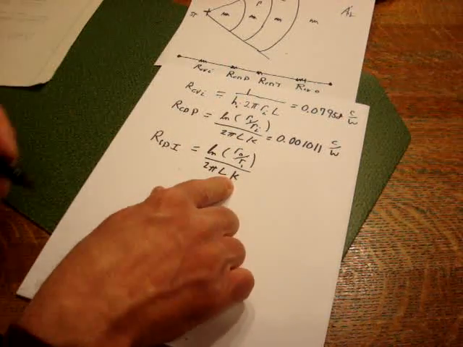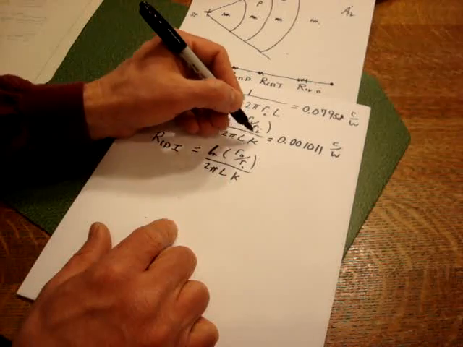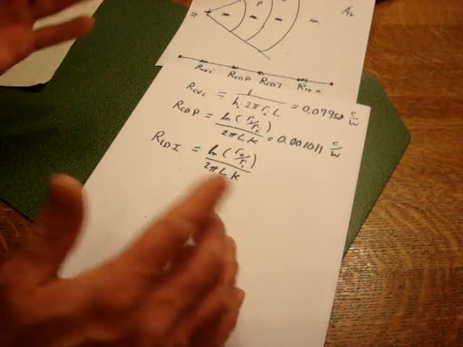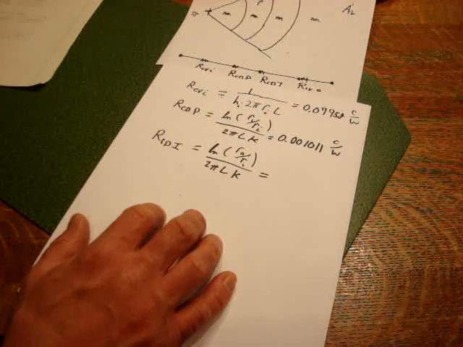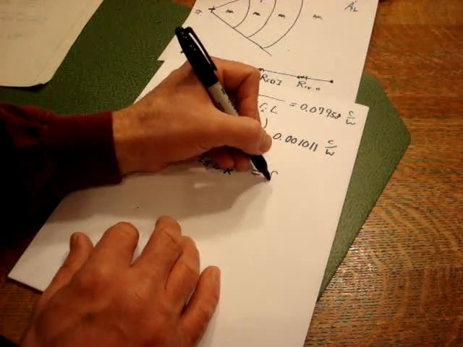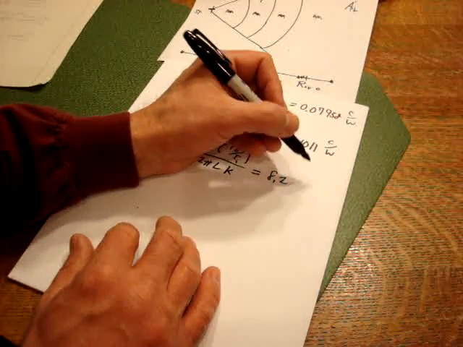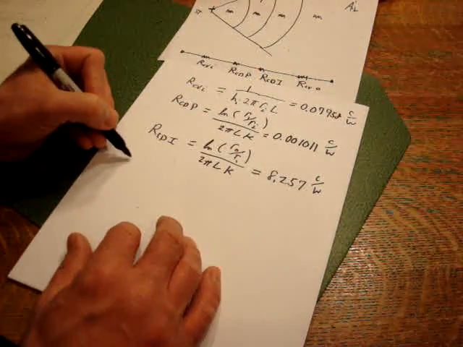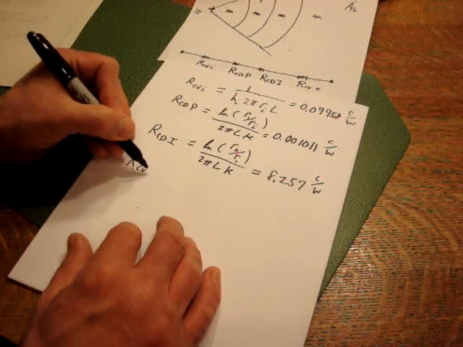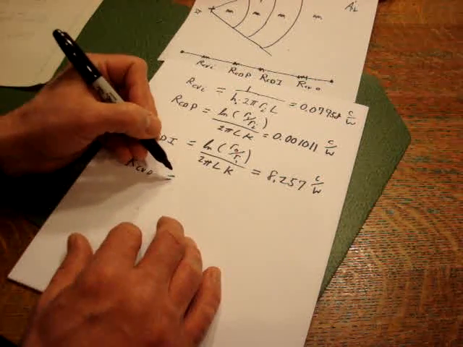Now that's K of the insulation, and this one up here is K of the pipe. So you got two different materials, so obviously you're going to have two different conductivities. So you plug in and you get 8.257 Celsius per watt.